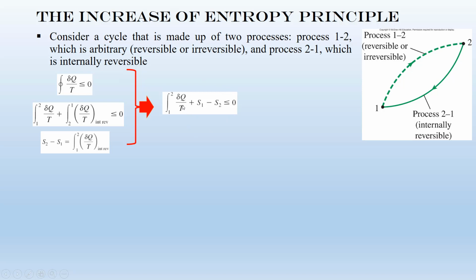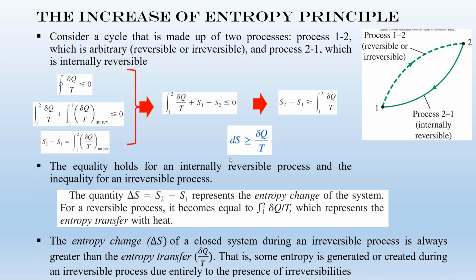Now, if you bring this term to the right side, then we can write S2 minus S1 is greater than or equal to this term, correct? Or in the differential form, we can write dS is always greater than or equal to delta Q over T. Now look, guys, we can convert this inequality to an equality.